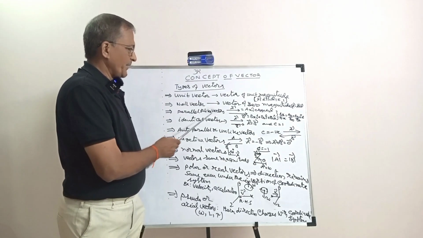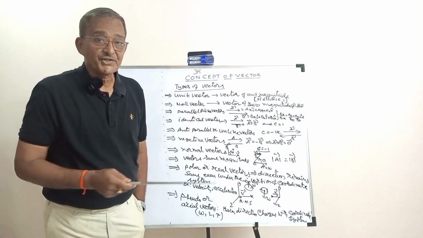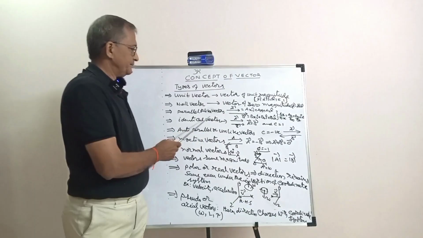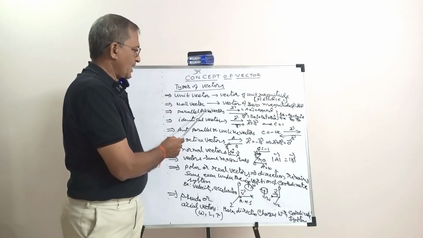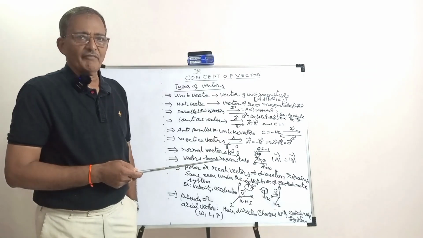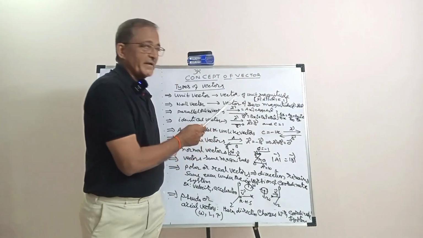And when you compare two vectors A bar and B bar with respect to their directions, if the angle between them is 0, they are called parallel or like vectors. Another symptom of parallel vectors is the ratio of their respective components.